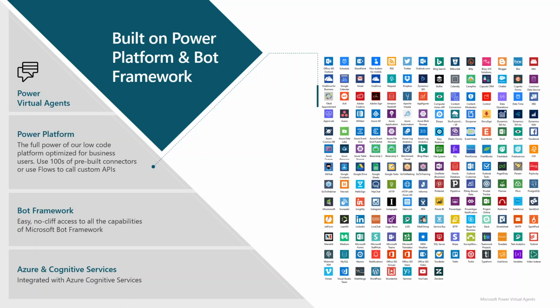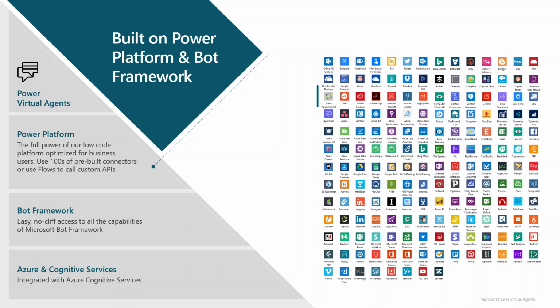Also, you can integrate with Azure and cognitive services to extend it even further, so that it's built upon a very strong foundation of services that do all of the plumbing work. They do all of the stuff that makes Power Virtual Agents happen.